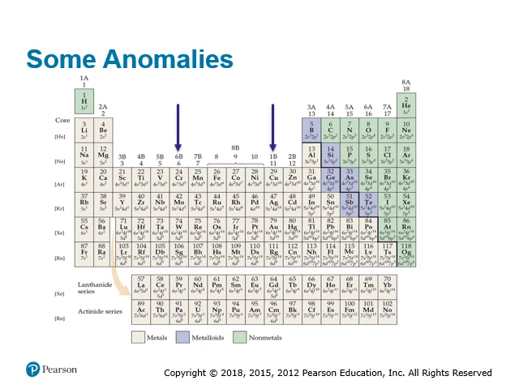But specifically, I want to point to chromium and copper, elements 24 and 29. These represent departures from the Aufbau principle.